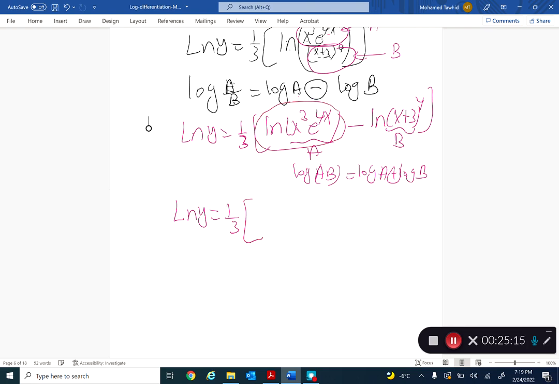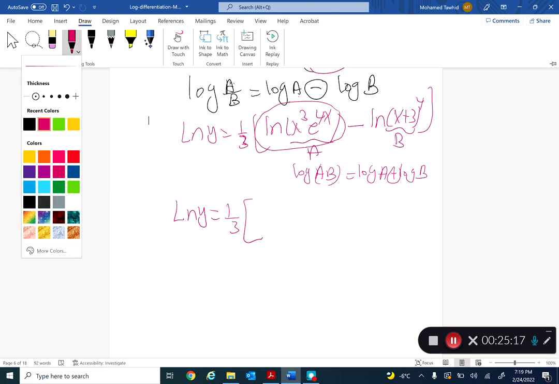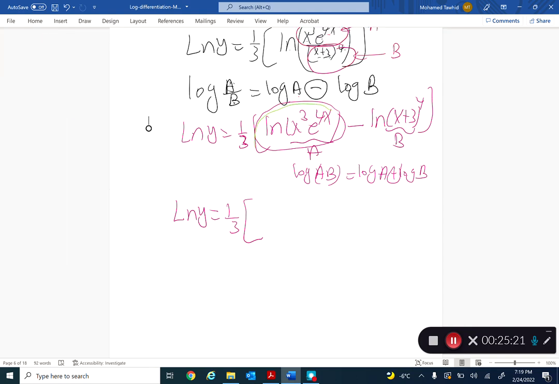This term, maybe I use different colors, maybe green. I'm going to break it down. So it will be log x cubed plus log e to the power 4x. I put it between brackets. So that is the green one. That is our first term.